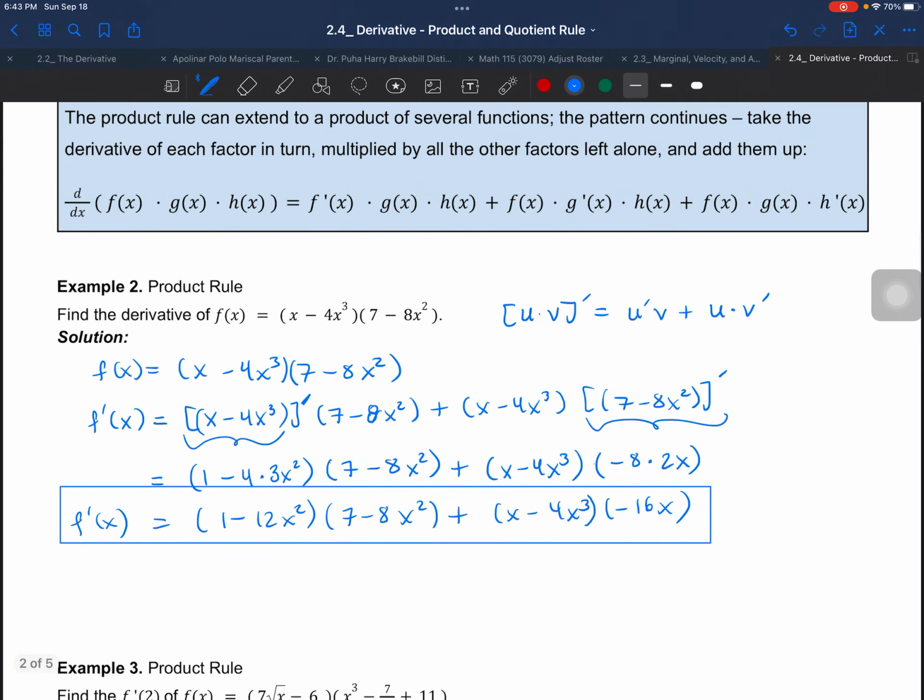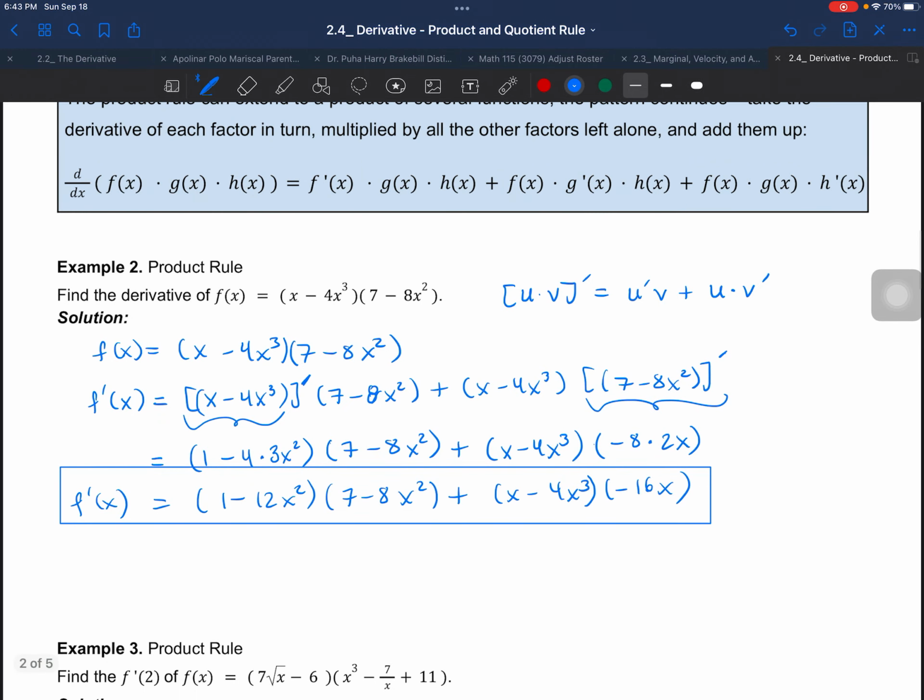So this is it. But let me just continue to show you that this would have given you the same answer as above. If you would have distributed these two numbers, this would have been 7 minus 8x squared minus, I'm just using distribution for the first product, and the second product would be, of course I'm just speeding this up, but this would give us 7 minus 108x squared plus 160x to the 4.